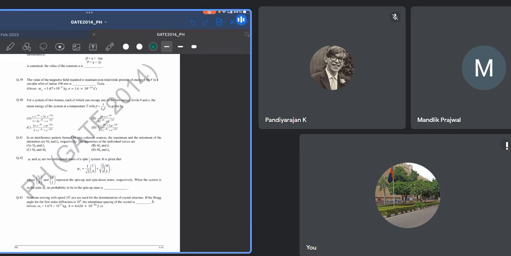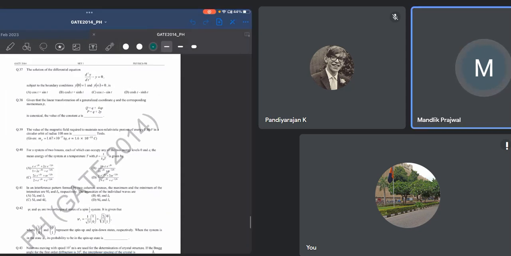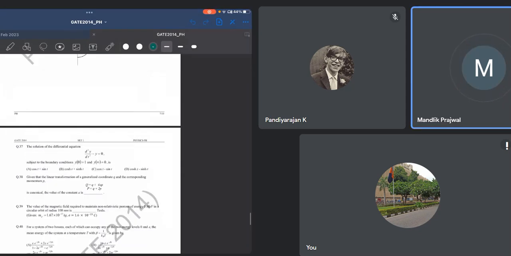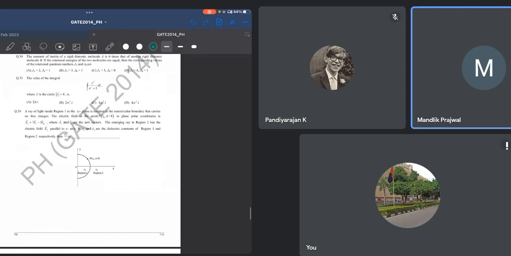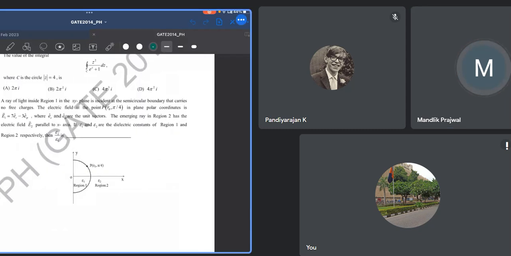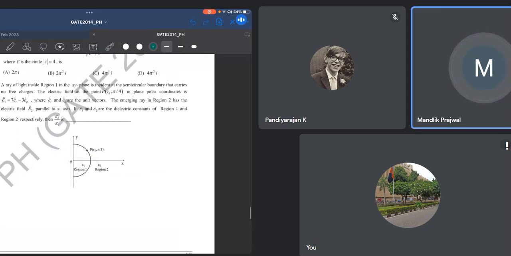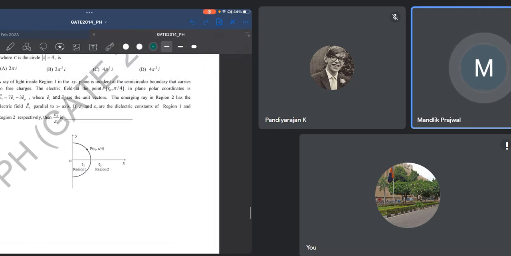So which question? 36th, ma'am. This one. Ma'am, I didn't get how a light which goes from a rarer medium to a denser medium will bend towards the normal, right?